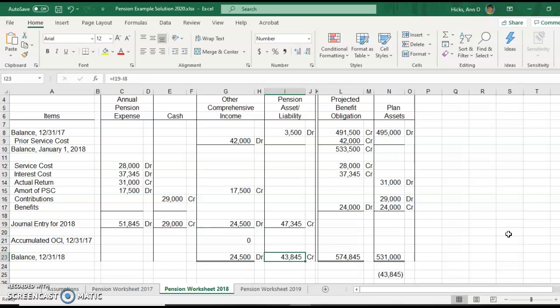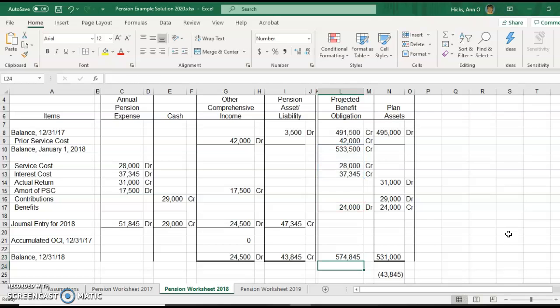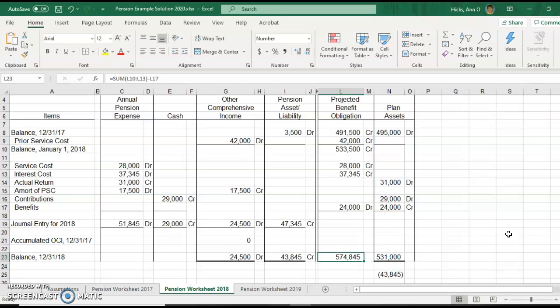And we'll do that here. We have a projected benefit obligation at the end of the year of $574,845. We have plan assets of $531,000. So at the end of 2018, we are underfunded by $43,845.